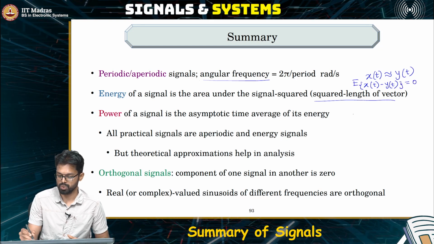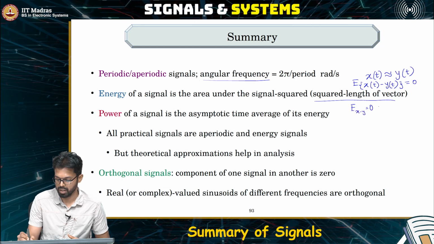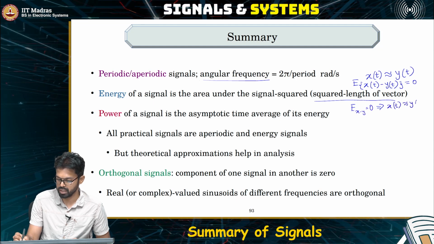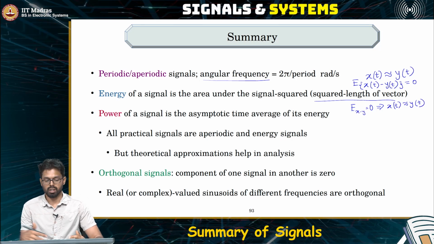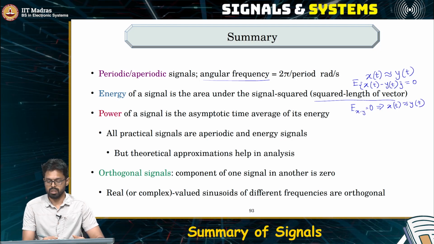So if the energy of x minus y is 0, then we can say that the signal x of t is approximately the same as the signal y of t. So this is one scenario where the notion of energy becomes very helpful for us. We'll see this being used later.